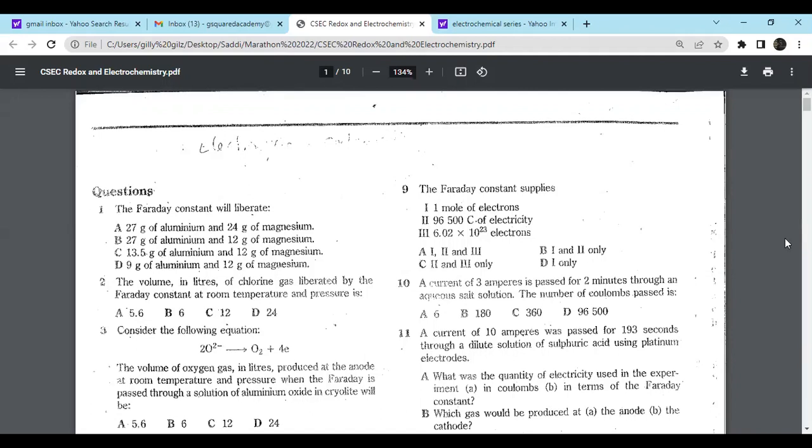This is multiple choice, right? The Faraday constant will liberate 27 grams of aluminum and 24 grams of magnesium. So the Faraday constant is 96,500 coulombs. 1 mole of electrons is equal to 96,500 coulombs.